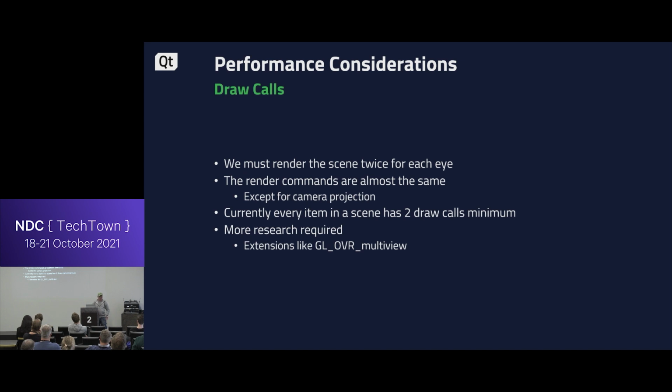It is possible to make this one draw call, because there are extensions in both OpenGL and Vulkan where you can bind 2 output buffers and then use instanced draw calls to change the projection matrix of each one, so there would only be 1 draw call, but 2 render targets.